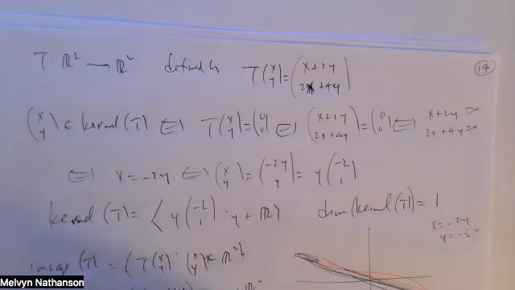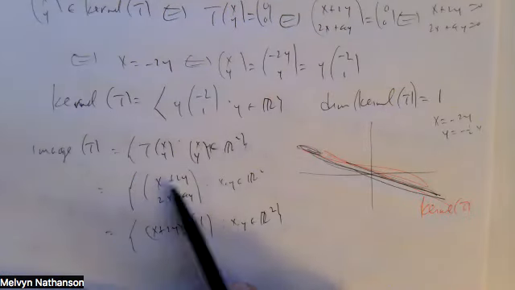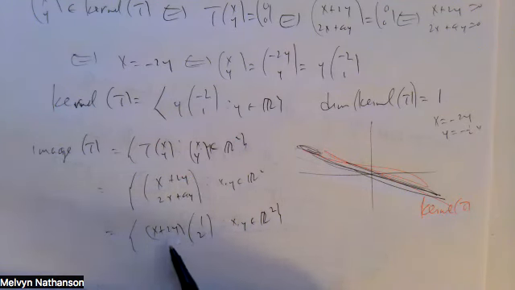But I can write this as follows. I can factor out x plus 2y times the vector (1, 2). Because this is x plus 2y, and this is 2 times x plus 2y. So it's all scalar multiples of (1, 2) by numbers of this form, which are just all numbers.